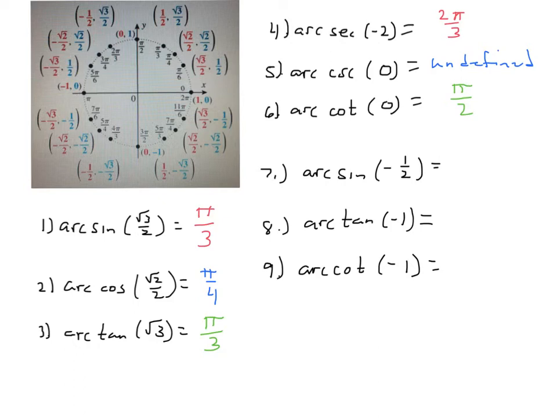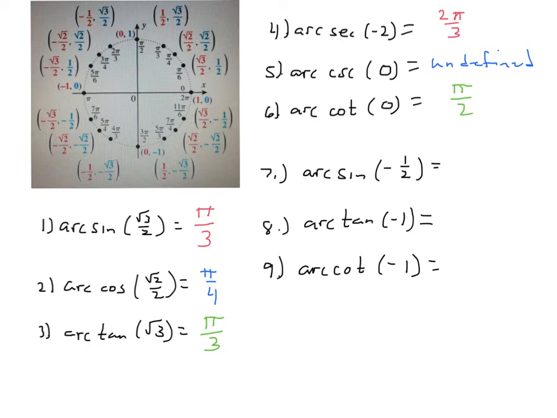Next one, arc sine of negative 1/2. Now remember on this one, with the inverse sine, we're looking over here. Now if it's going to be negative, we know it's got to be in quadrant 4. But remember that the angles go from negative pi over 2 to pi over 2. 11 pi over 6, 7 pi over 4, 5 pi over 3, 3 pi over 2 do not fall in that range.